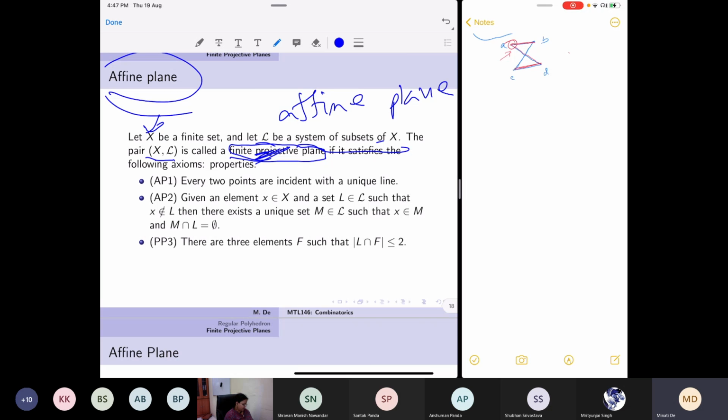Every two elements, not points, are incident with a unique line. This property is also true for a finite projective plane: if you consider any two distinct points, there should be a line.